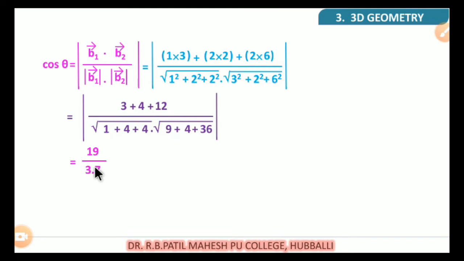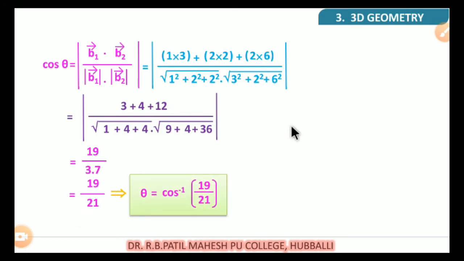It is not dot, it is the product. Therefore, 19 by 21 is the value of cos theta. But we have to write down the value of theta here because theta is the angle between the lines. Therefore, theta is equal to cos inverse of 19 by 21. So this is the angle between the pair of two lines.